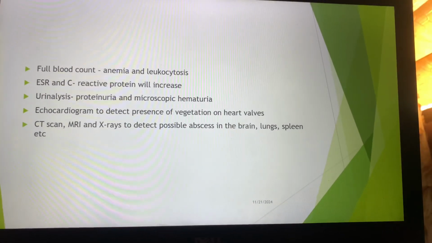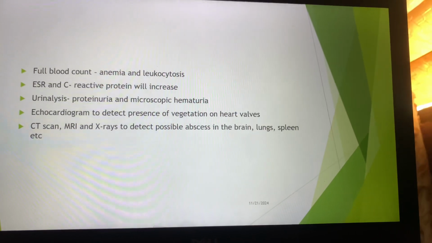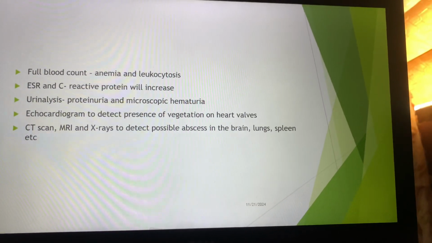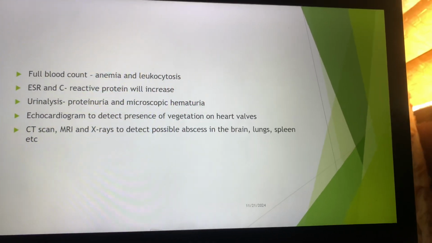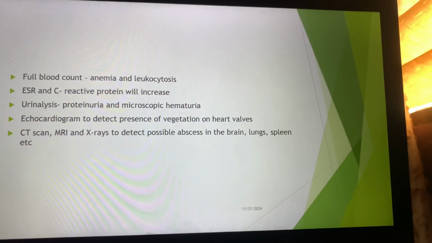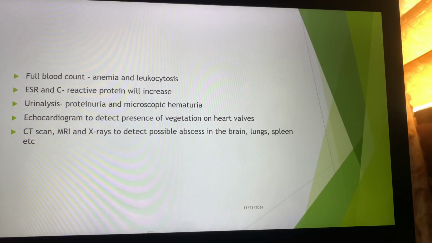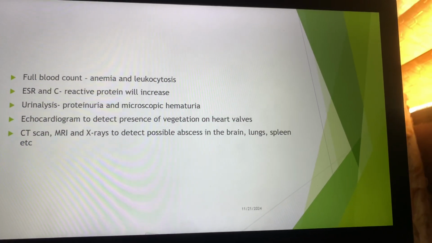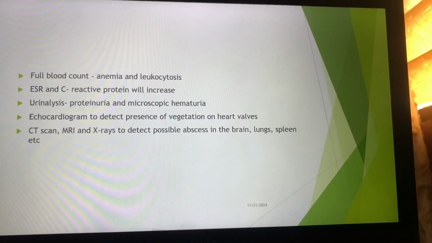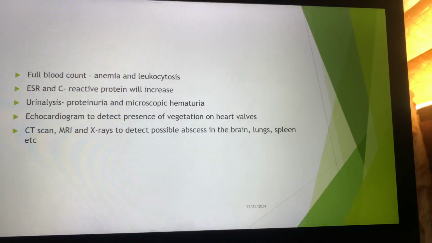As a nurse, you must know the clinical manifestations and you must know the clinical findings. So when a blood sample is taken and run for full blood count, you have to look for anemia and leukocytosis.